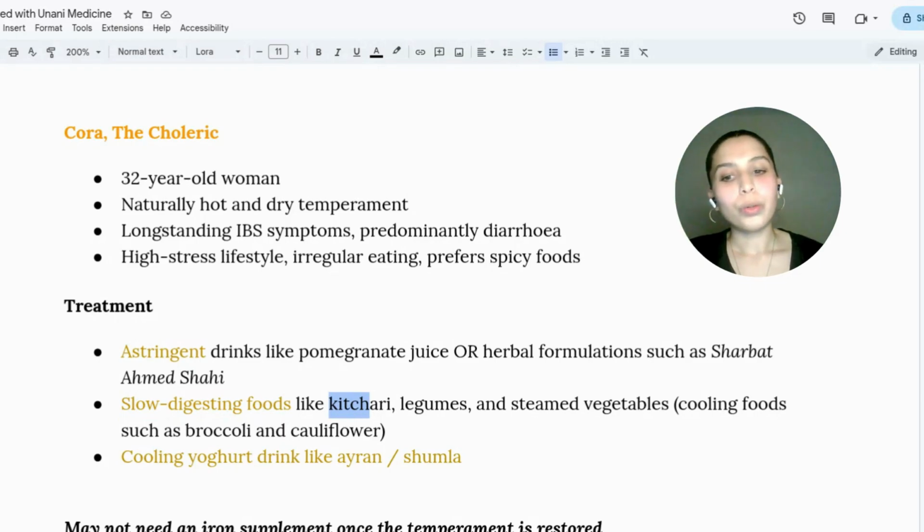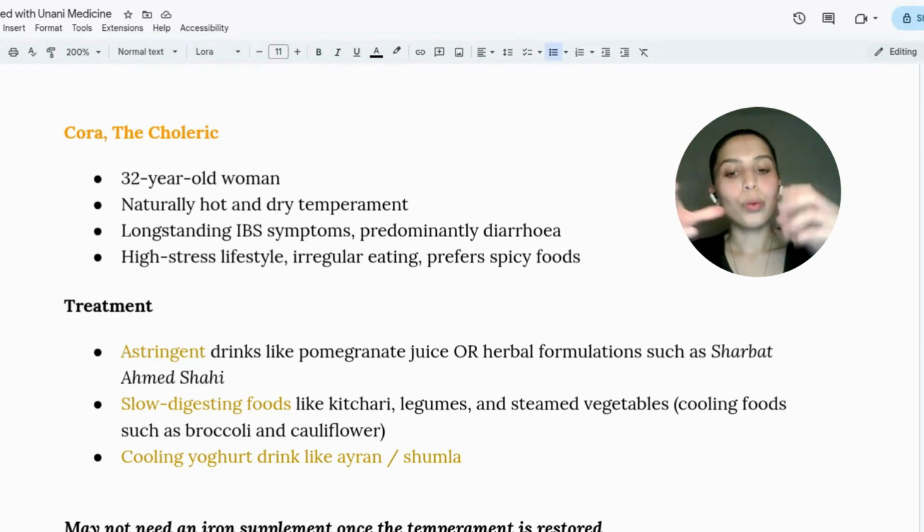and this would help slow things down and cool things down. And then to supplement this further, she would be given cooling drinks like yogurt drinks, iron, or shumli.